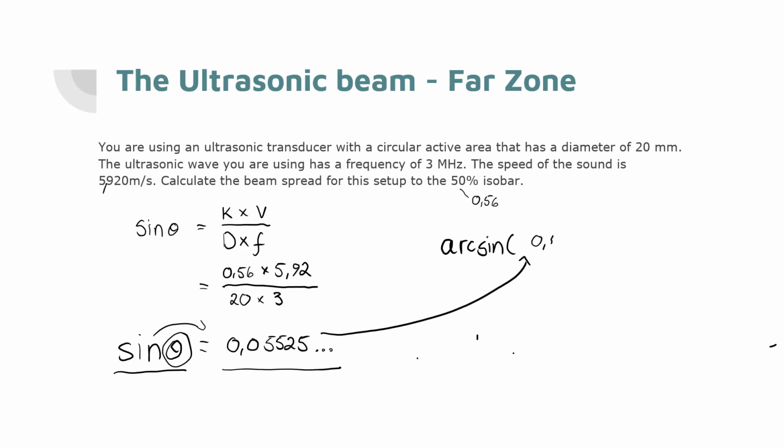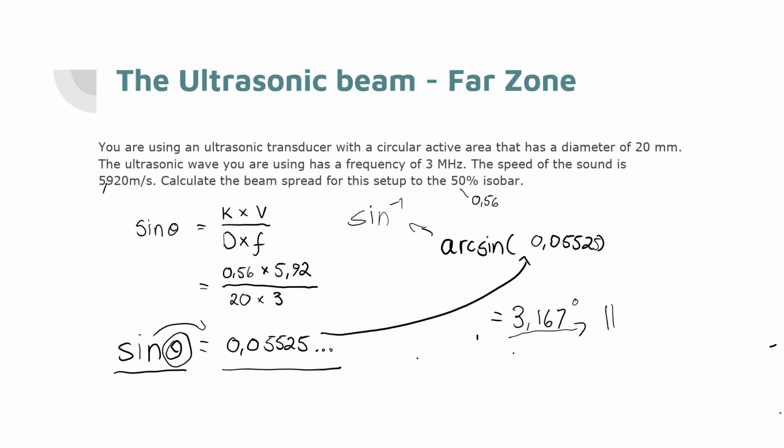So 0.05525, etc. Also on your calculator, this may say sine minus 1, arc sine, same thing. And then we should get something like 3,167 degrees.